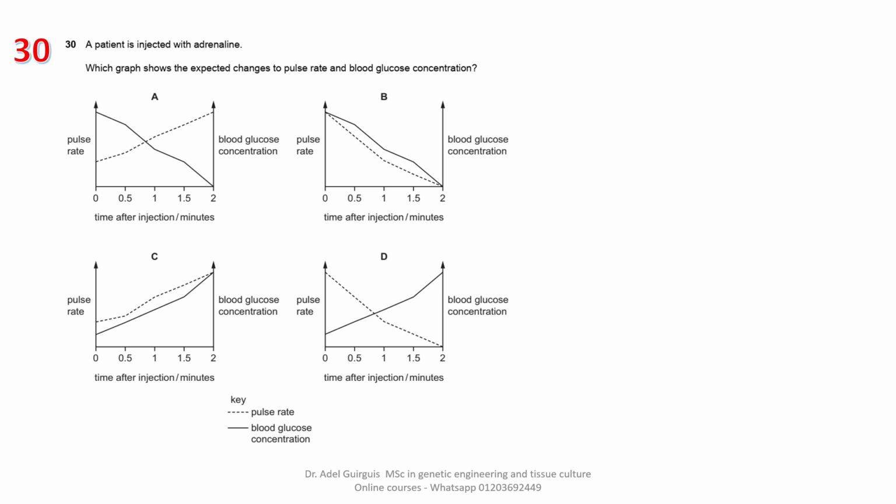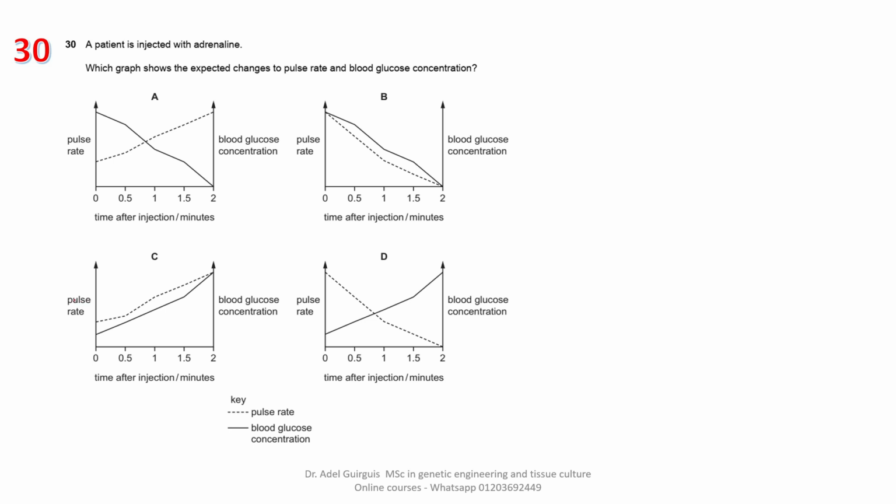Number 30. A patient is injected with adrenaline. Which graph shows the expected changes to pulse rate and the blood glucose concentration? What would happen to the pulse rate of a person injected with adrenaline, and also the blood glucose level?